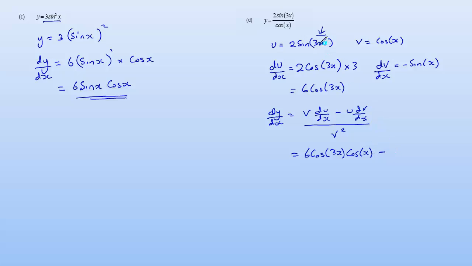Take away this one multiplied by this one, so the minus minus is going to give us a plus 2 sine 3x sine x, all over v squared, so that's cos squared x.